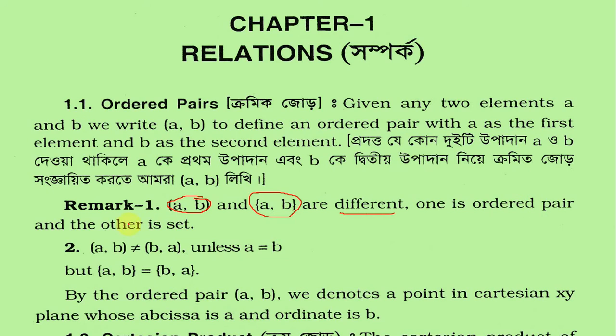One is an ordered pair and the other is a set. Secondly, (a, b) is not equal to (b, a) unless a and b are equal. But the set {a, b} is equal to {b, a}. The set is equal, but the ordered pair is not equal. With the ordered pair (a, b), we denote a point in the Cartesian xy plane whose abscissa is a and ordinate is b.